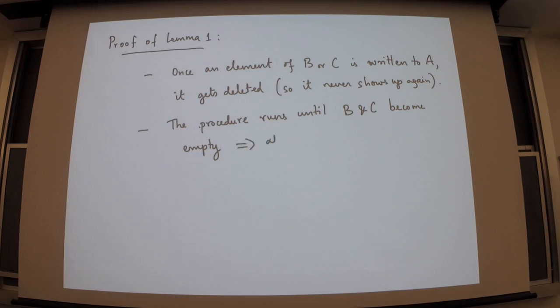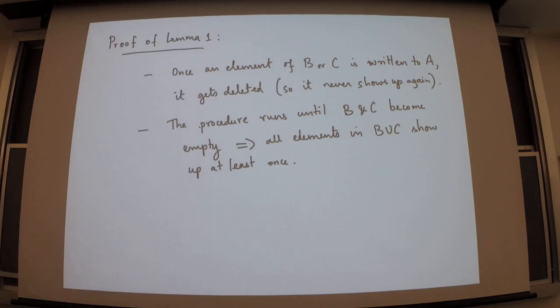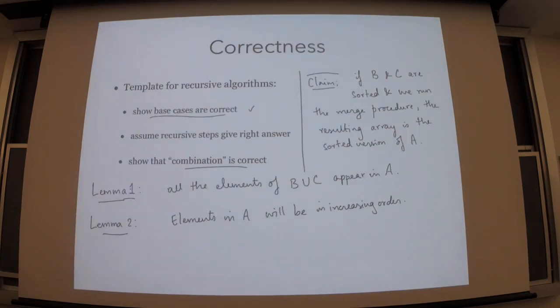Rest all elements in B and C show up at least once. And that's the proof. So it shows that nobody appears more than once, and now you're showing that everybody appears at least once. So that shows Lemma 1.